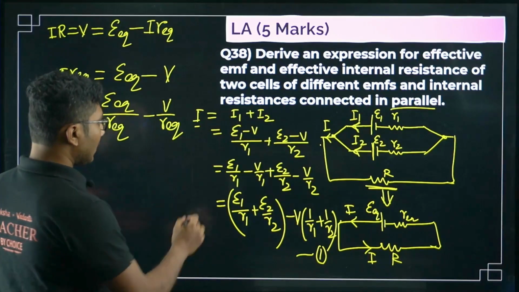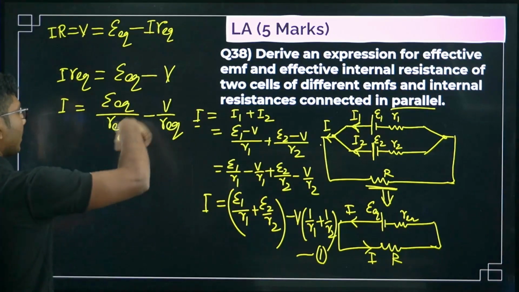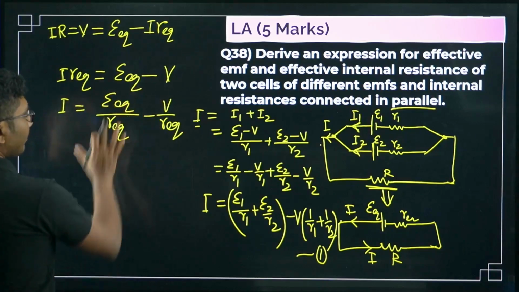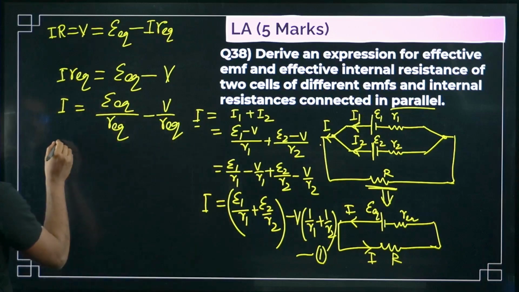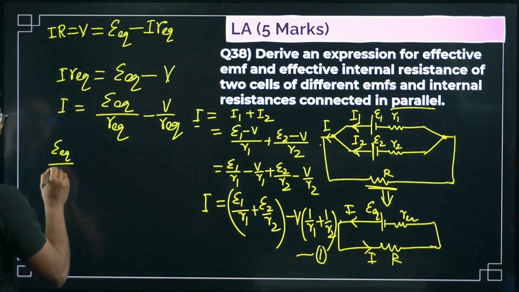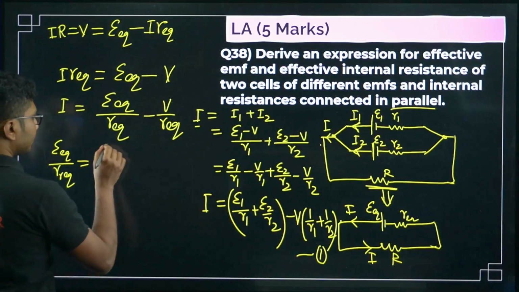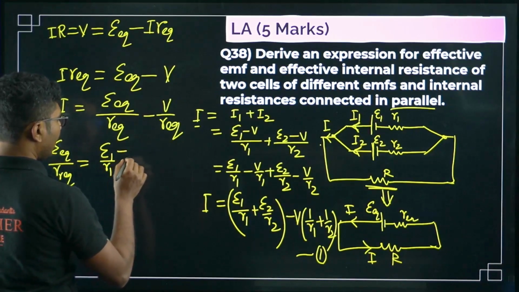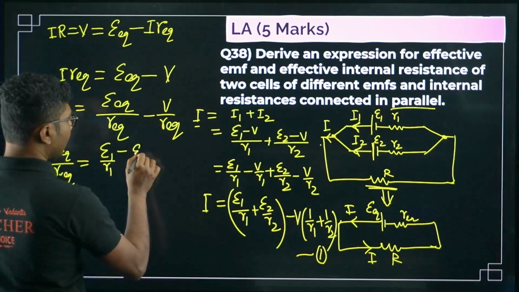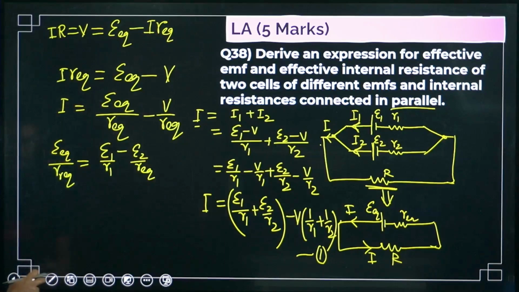So here also I is equal to some value minus V. Here also I is equal to some value minus V. So if we compare the similar terms, we can say that epsilon EQ by R EQ is equal to epsilon 1 by R1 plus epsilon 2 by R2, my mistake.